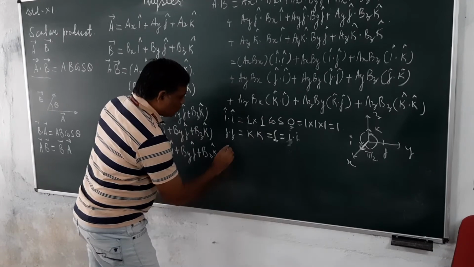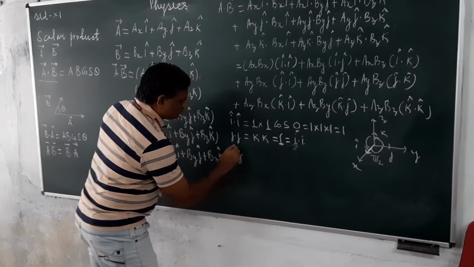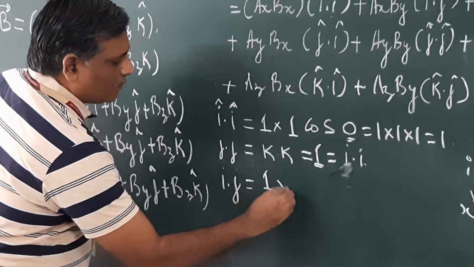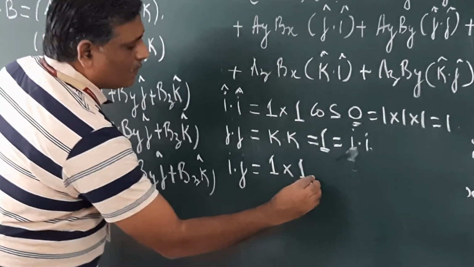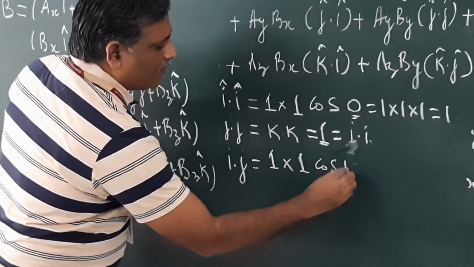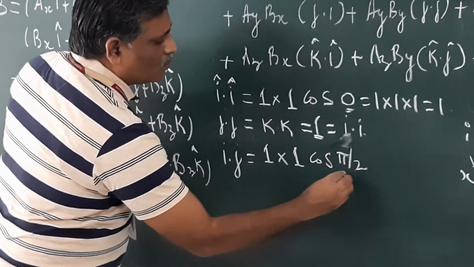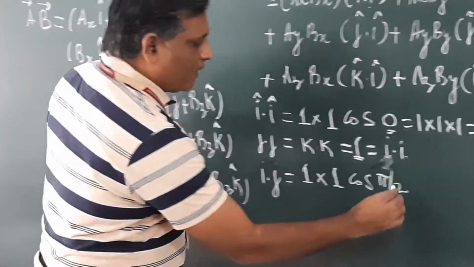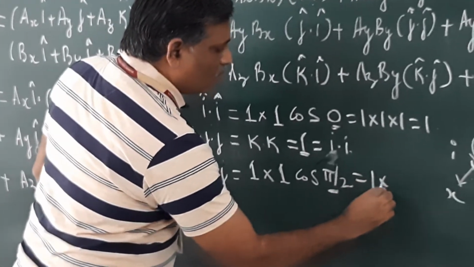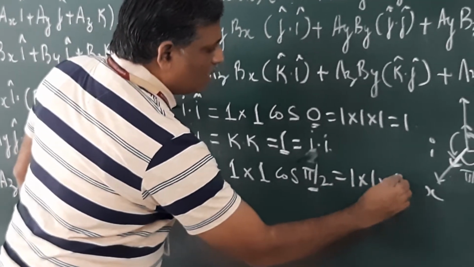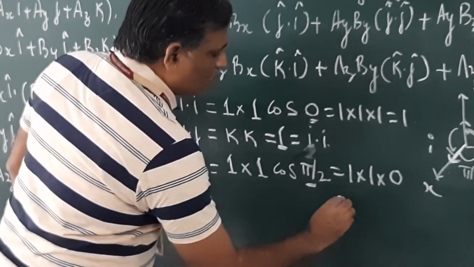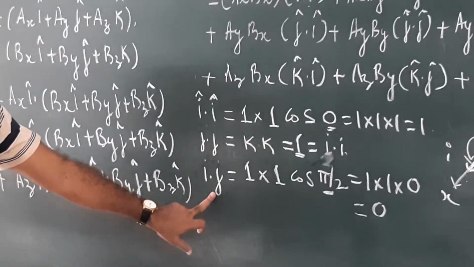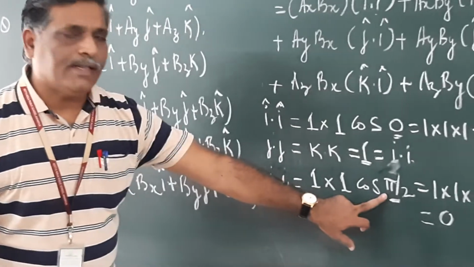Now let us talk about I dot J. Magnitude of I is 1, magnitude of J is 1, but the angle between them is pi by 2. Cos 90 is 0, therefore it becomes 1 into 0, which is equal to 0. I dot J is equal to 0 because the angle between them is pi by 2.